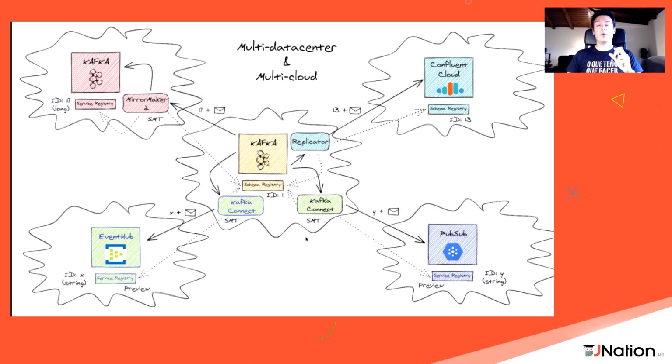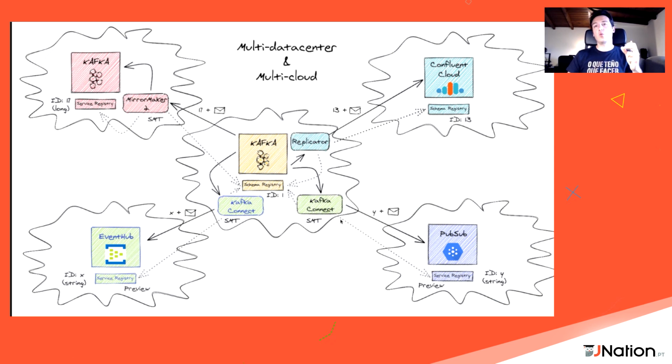But instead of trying to replicate those schemas and have the same ID in every cloud, each time we read a message and send it to the cloud, we do something in advance using a component called SMT, single message transformation, which allows us to introduce some customizations in Kafka Connect.